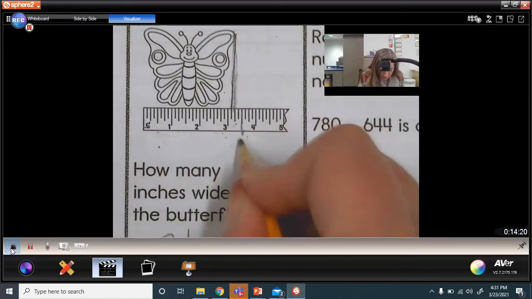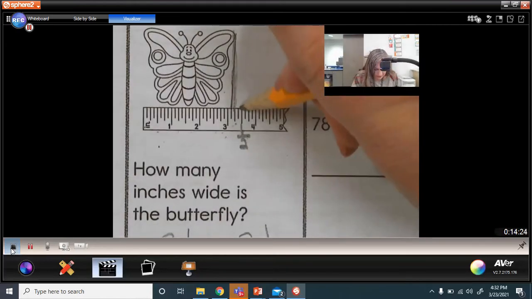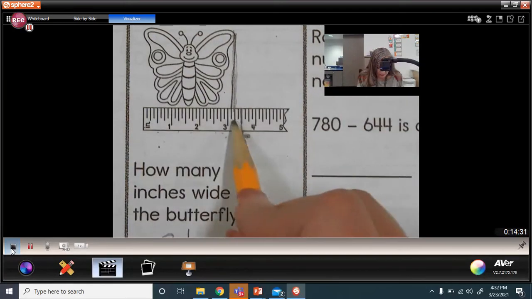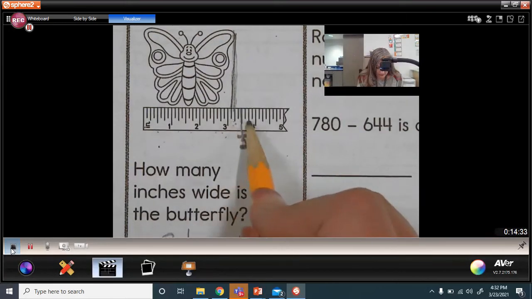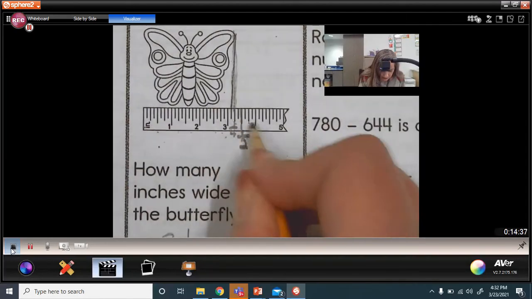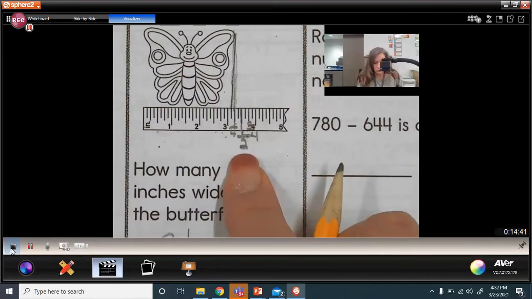Well, remember, right in the middle is going to be half. So this line right here is right in the middle. And since it's right in the middle, I know that that's going to be half. And then if I partition each one of my halves in half, this is 1/4, and this is 3/4. And remember, 1/2 is also 2/4.